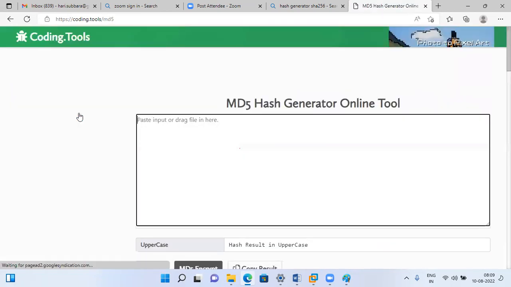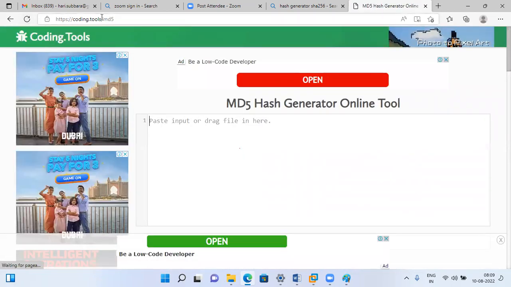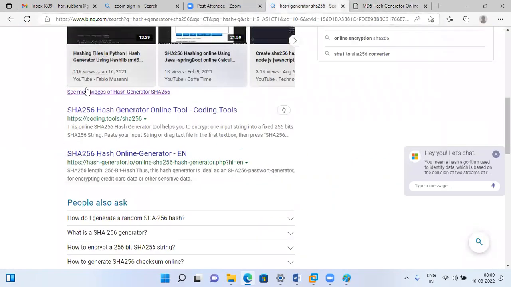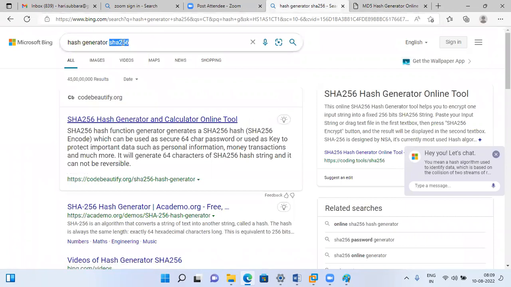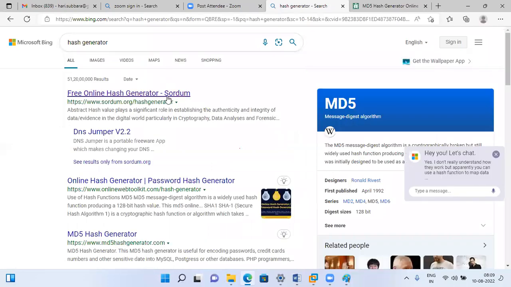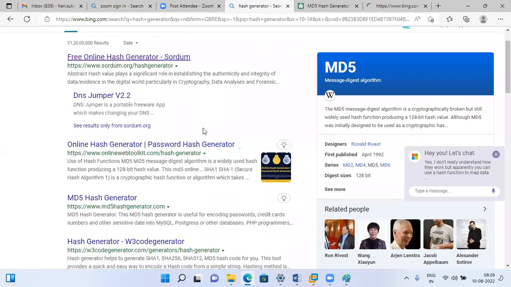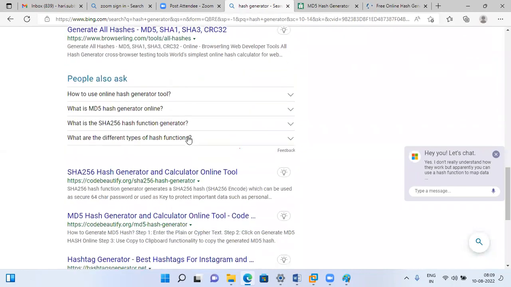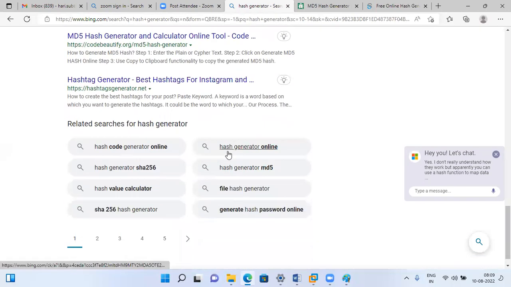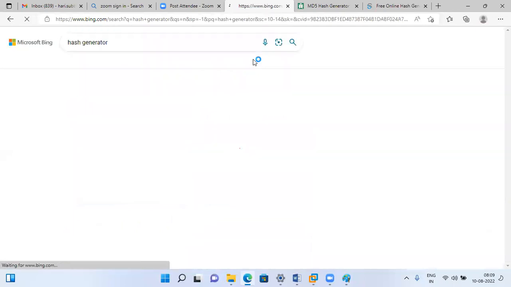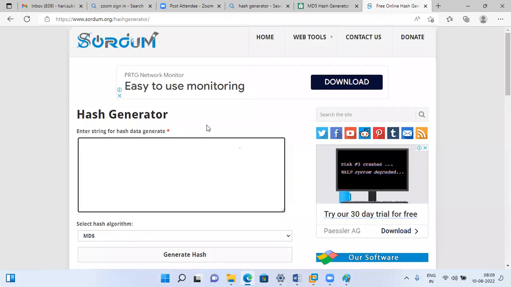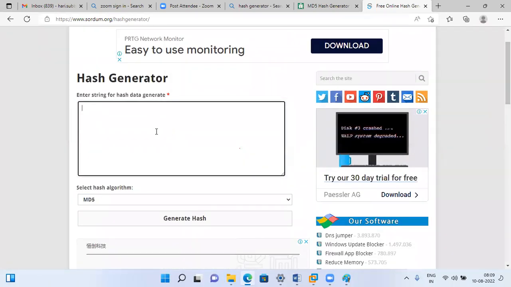They have an MD5 hash generator also. I'll take whichever is the easiest one. Okay. Looks like this is good. Sortum.org. Hash generator is there.